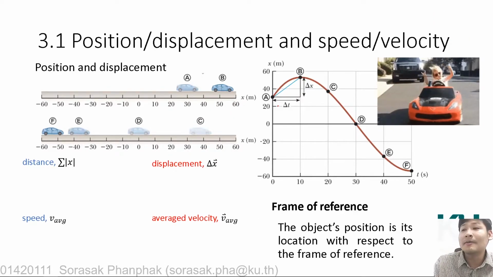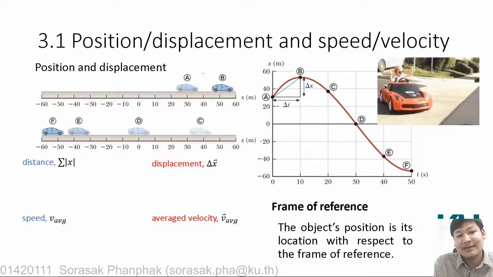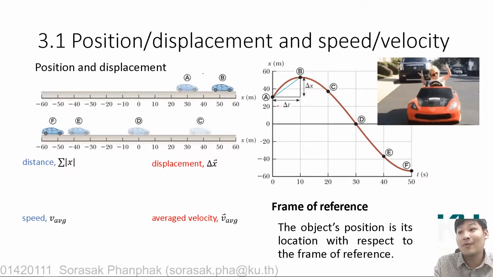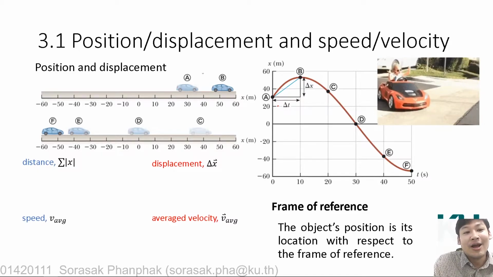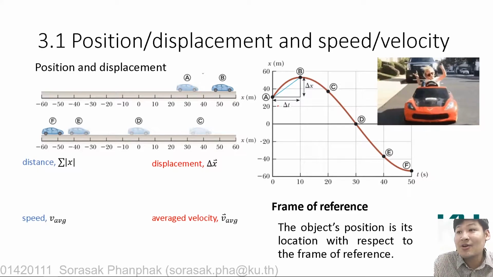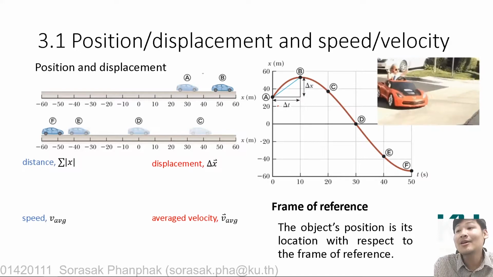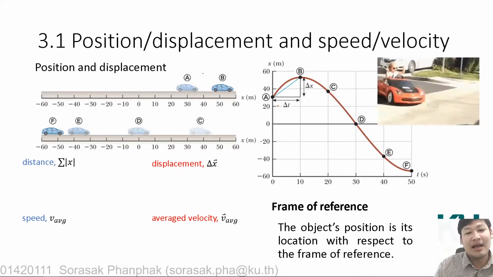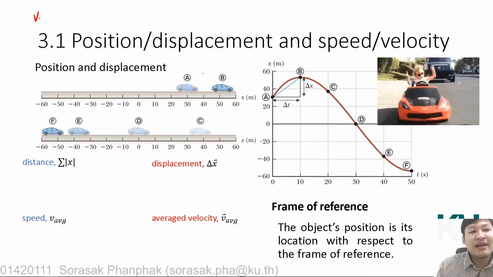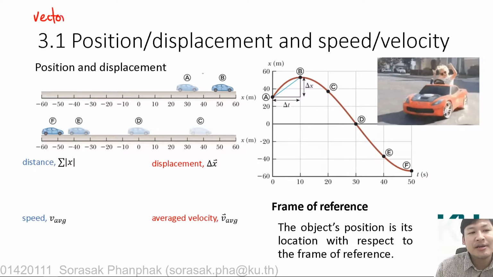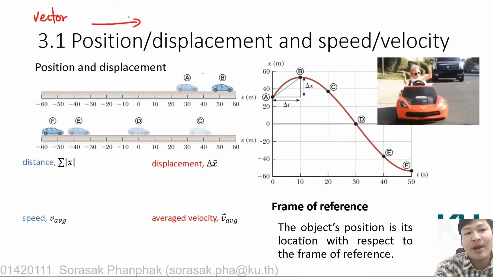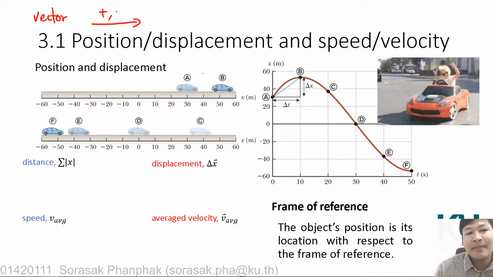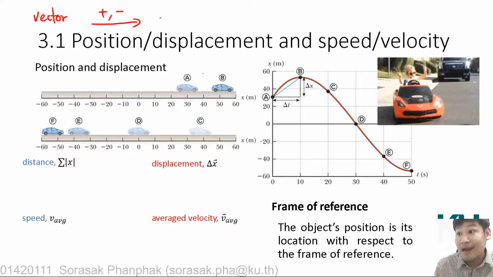To identify the properties of classical mechanics, you already know the properties of scalar quantities and vector quantities. Now we're going to explain in terms of vectors only. If all the properties here are vectors, but it happens in 1 direction, you can use plus and minus signs to represent the direction.